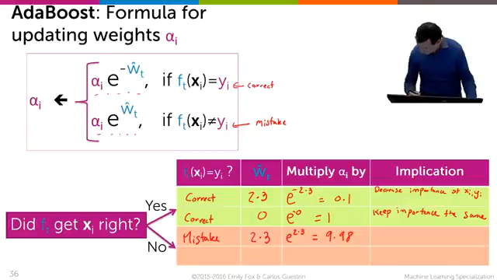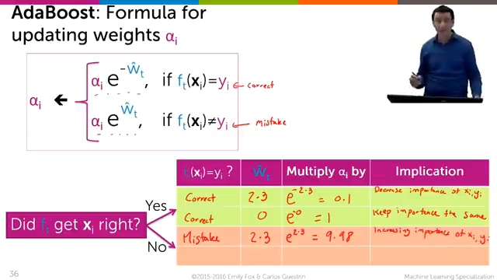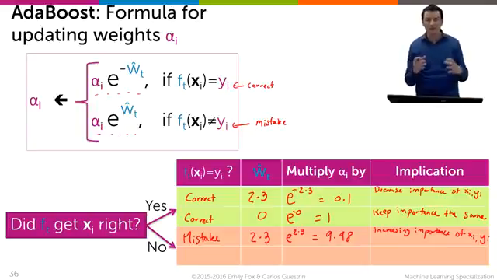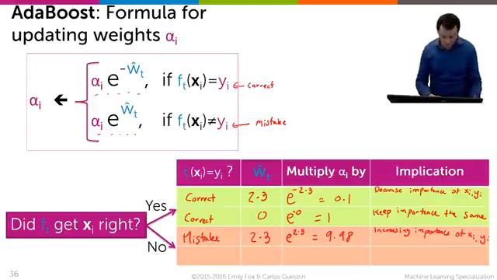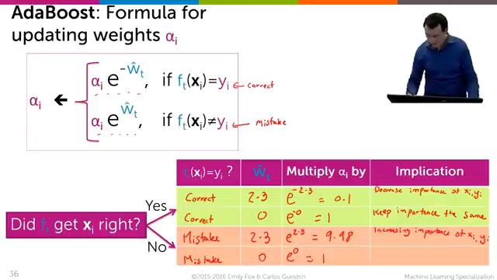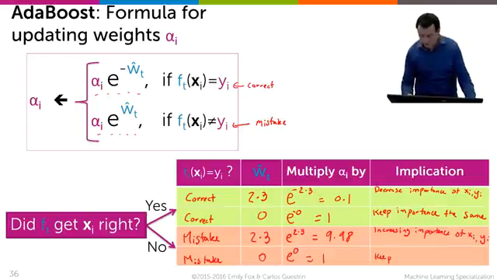And so what we're doing is increasing the importance of this mistake significantly. So the next classifier is going to pay much more attention to this particular data point because it was a mistaken one. Now finally, just very quickly, what happens if we make a mistake, but we had a random classifier, with weight 0, we didn't care about it, so the multiplication here is e to the 0, which is again equal to 1, which means we keep the importance of this data point the same.